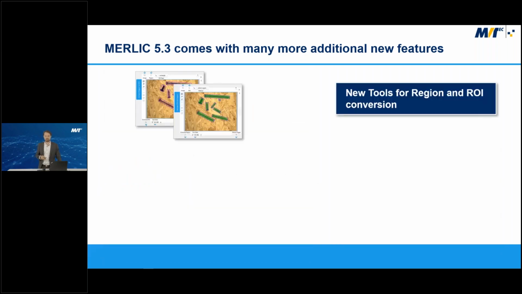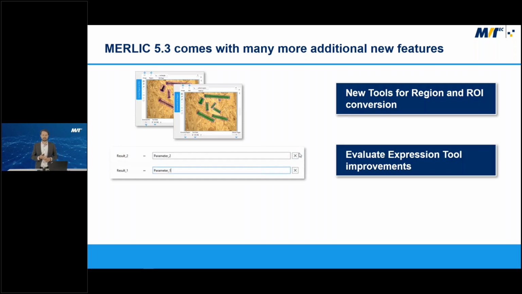The next is new tools for region and ROI conversion. So the reason why this is important is some tools require ROIs as input, others require regions. And now it's very easy to convert one to the other and just have everything that you need for the further workflow.